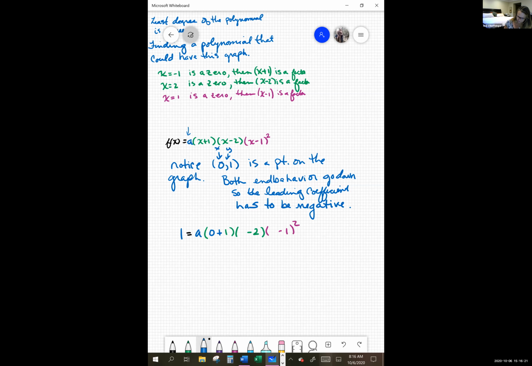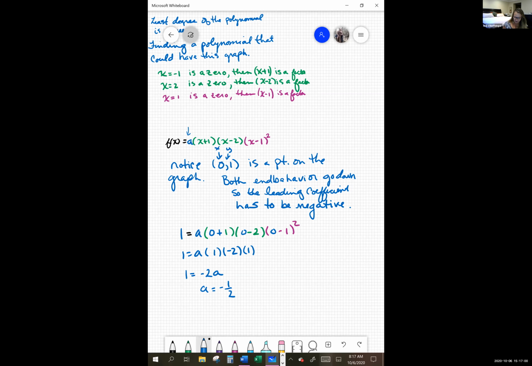So let's simplify. And so we get 1 is equal to a, all times 1 times negative 2. And order of operations, if I square negative 1, that becomes positive 1. It's all multiplication in between. So 1 times negative 2 times 1 is negative 2 times a, so negative 2a. So 1 equals negative 2a. And then let's get a by itself, divide by negative 2, so a is negative 1/2.